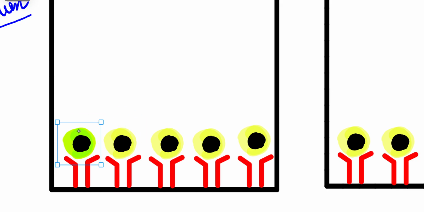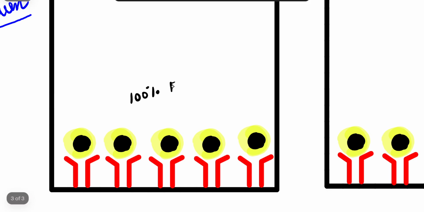Now what I am seeing is that in both of the cases, here also I am getting 100% fluorescence, and here also I am getting 100% fluorescence from these radio labeled antigens.